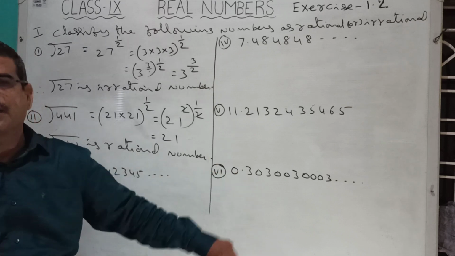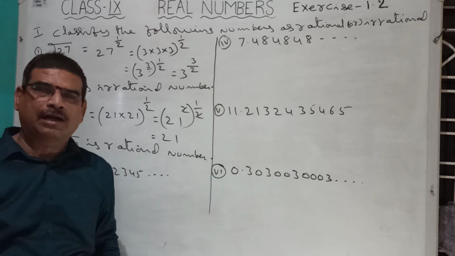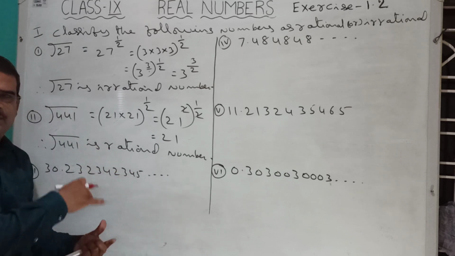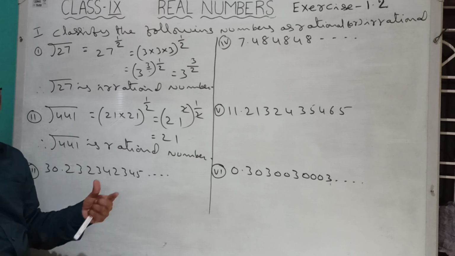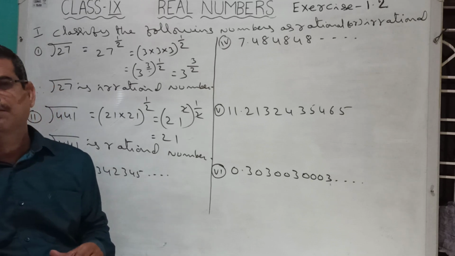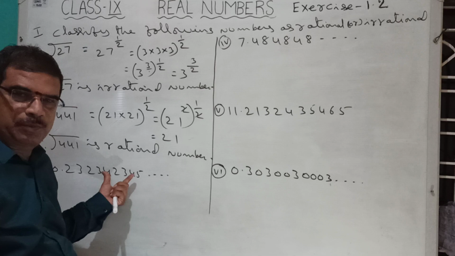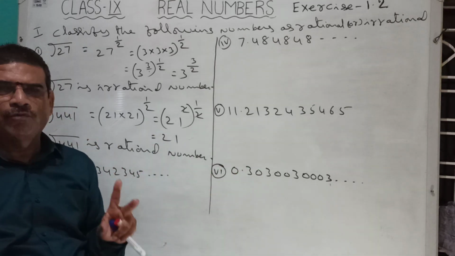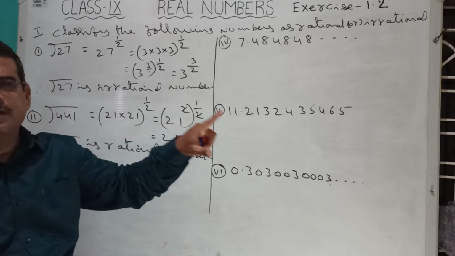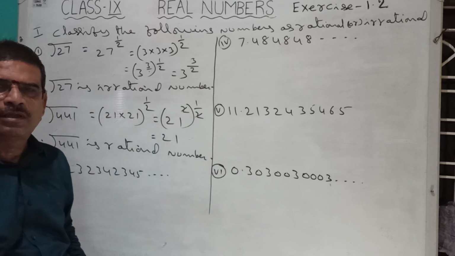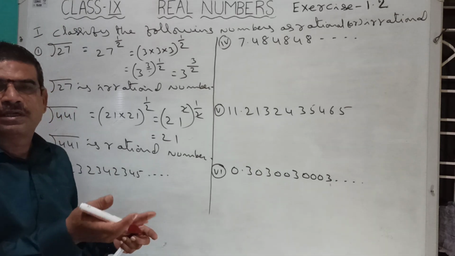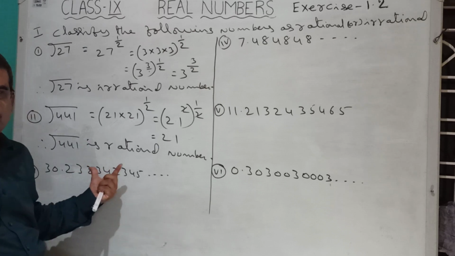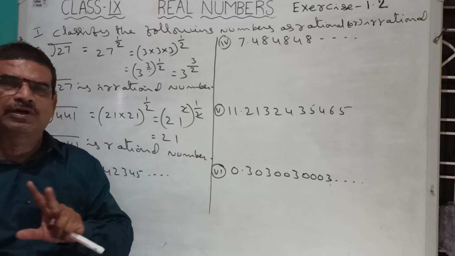And one more thing: if the numbers are repeating, repeating decimal, it is also a rational number. So to be a rational number, two conditions are there.